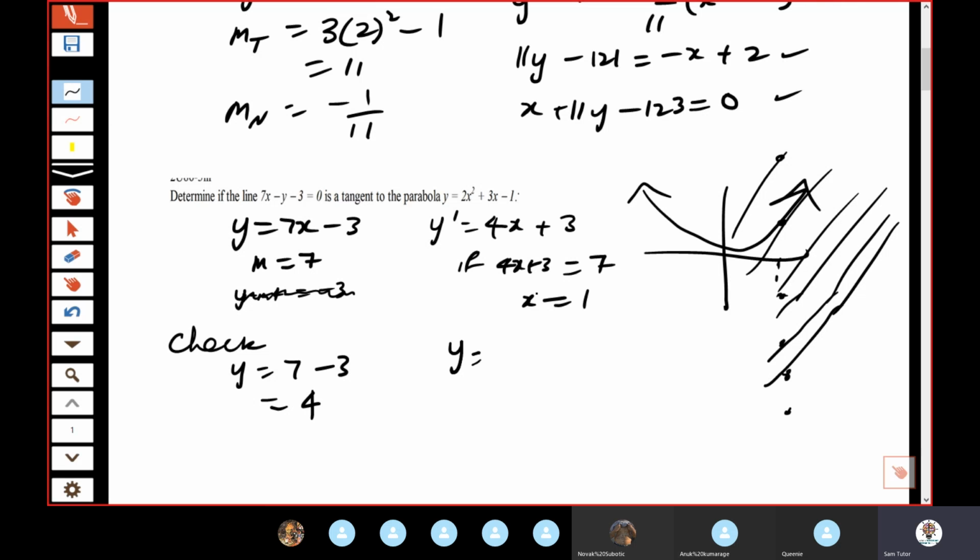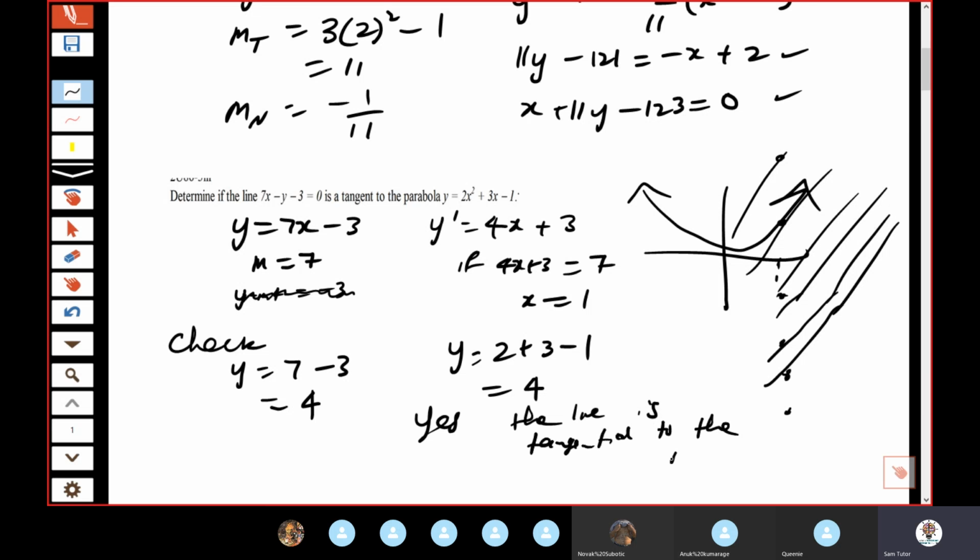Into here, y equals 2 plus 3 minus 1, 5 take away 1, which is 4. Yes, the line is tangential to the parabola, or is a tangent to the parabola, however you say that.